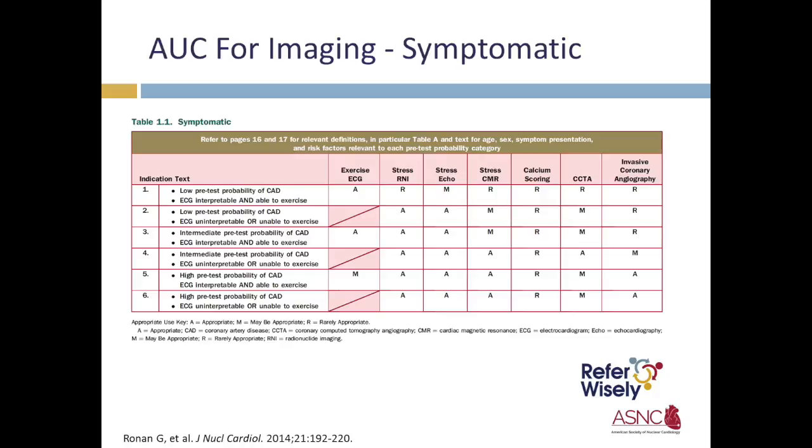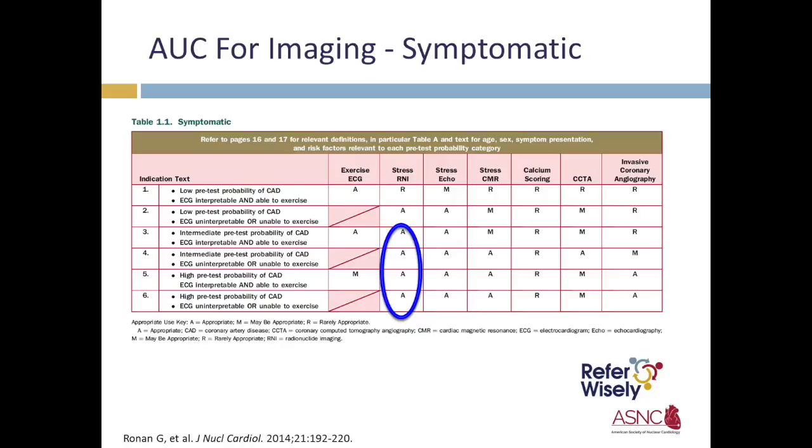The next slide demonstrates the appropriate use criteria for imaging in the symptomatic patient. And in this category, you could see that a variety of tests are appropriate in a patient who has high pretest probability of coronary disease, an EKG that is non-diagnostic, and an inability to exercise, in this case due to her peripheral vascular disease and claudication.